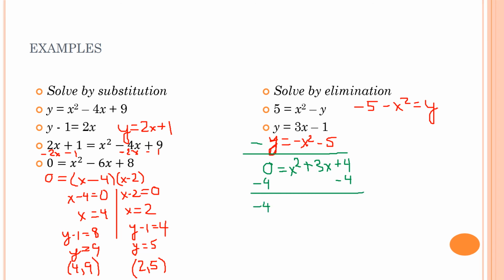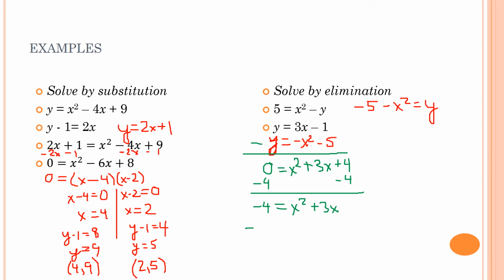So now I have -4 equals x squared plus 3x. Dividing 3 by 2 would give me 1.5. And then squaring 1.5 gives me 2.25.